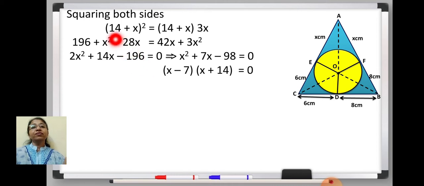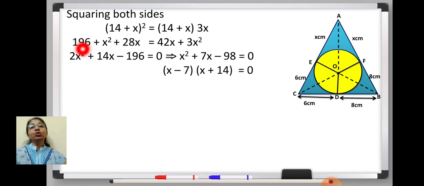Now this left hand side you can expand by using the a plus b the whole square identity. So 14 square is 196 plus x square plus 2ab, 2ab means 2 into 14 into x, that is 28x, is equal to, multiply this 3x inside the bracket. So 14 threes are 42x plus x into 3x, 3x square.